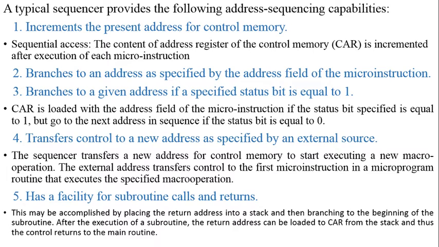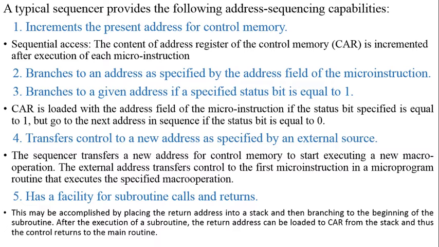So after completing the execution of the subroutine, the control returns back to the caller program so that it can resume its execution and finally complete its execution. So the sequencing capability also supports the subroutine calling and returning facility.